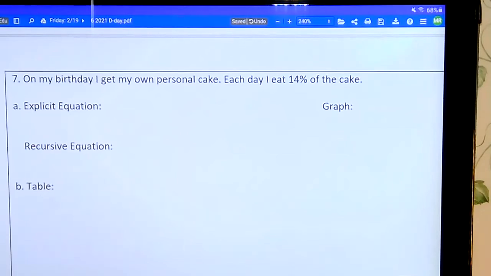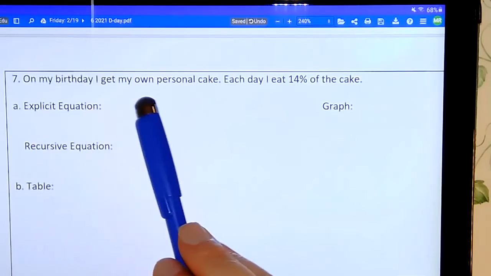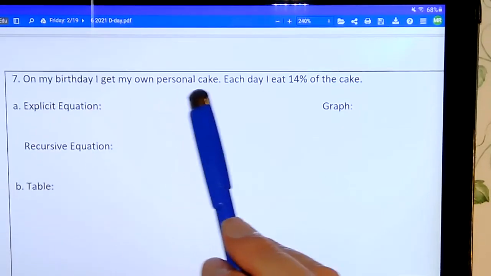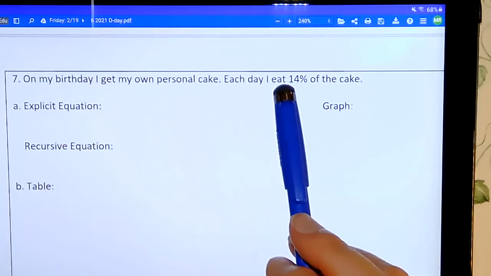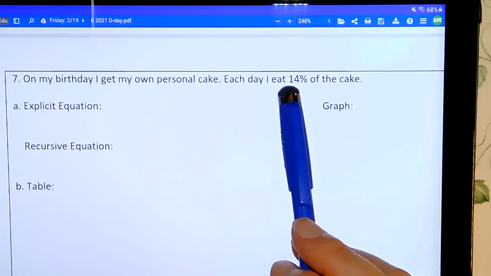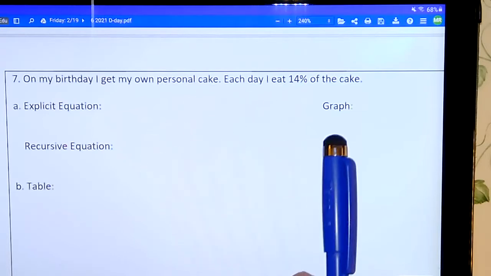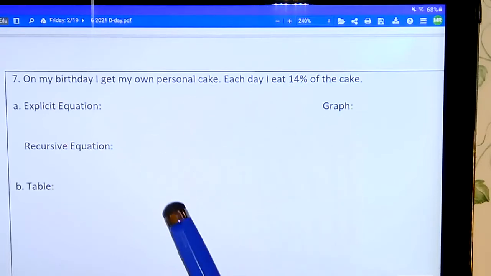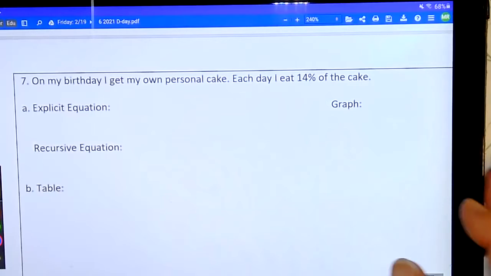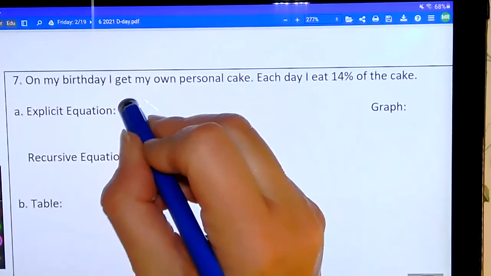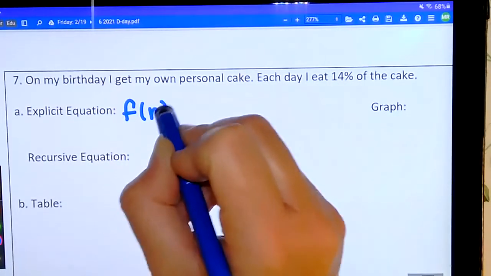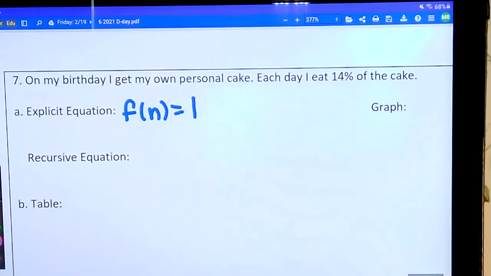Okay, on the next page, number 7, it says, on my birthday, I get my own personal cake. Each day I eat 14% of the cake. We're going to write an explicit equation, a graph, recursive equation, and a table. So for my explicit equation, I'm going to do f of n is equal to 1 for one whole cake.